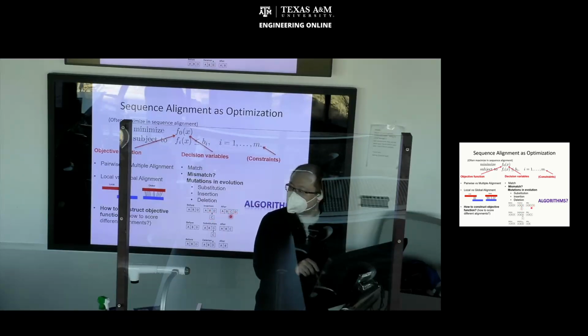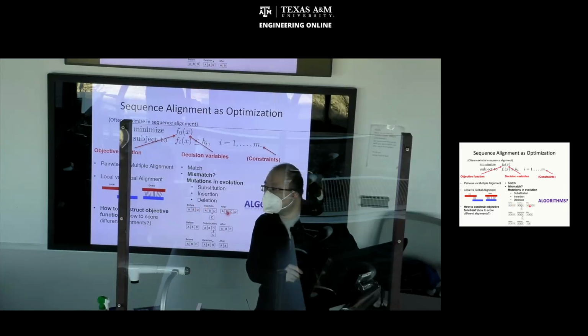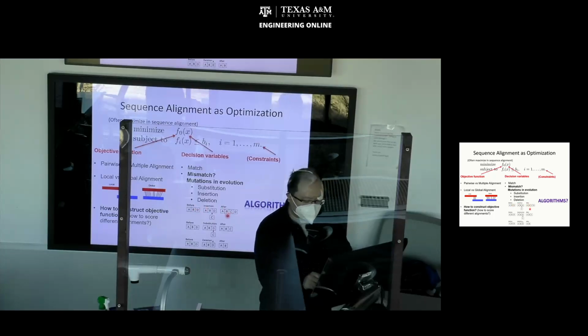It becomes ABCD. So if you were to align ABD and ABCD, you would do AB gap D versus ABCD, isn't it? In this case, the second sequence compared to the first sequence has an additional amino acid inserted.